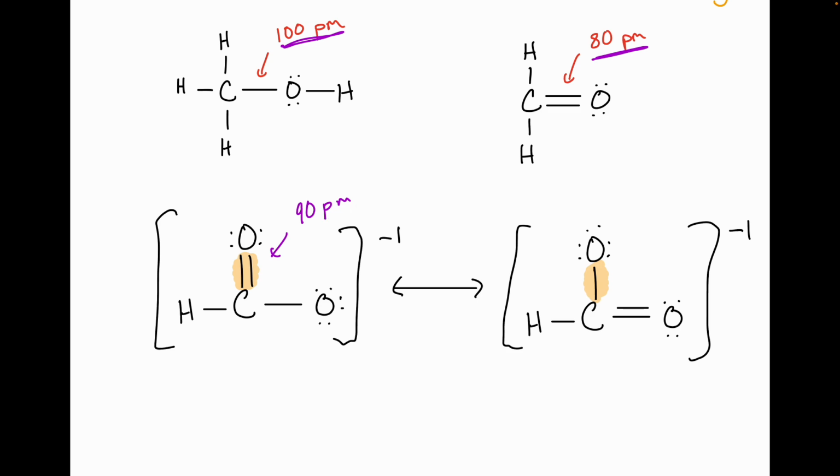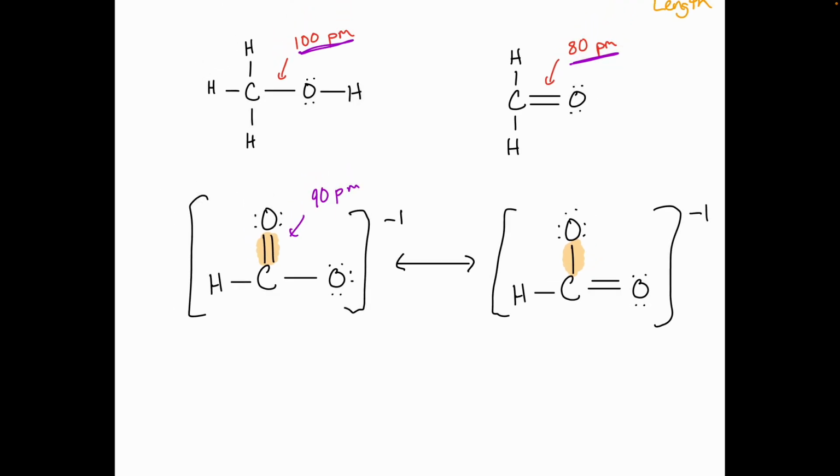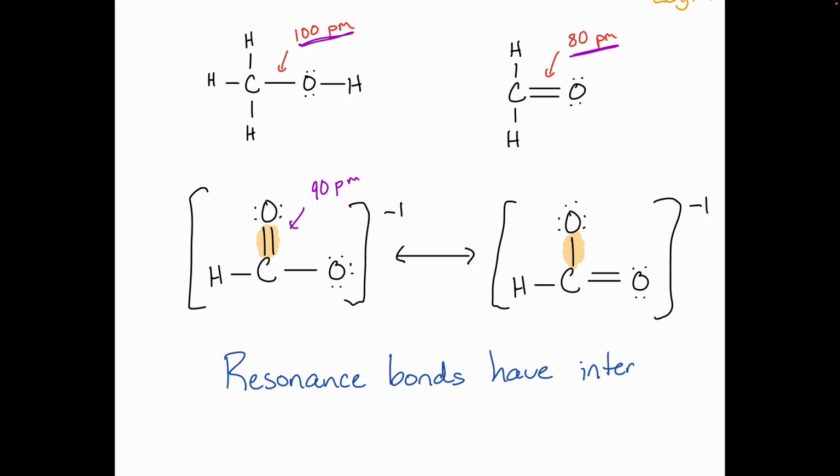Okay? So what we just want to note is that these resonance bonds have an intermediate bond length. Let's say have a bond length between that of a double and single bond.